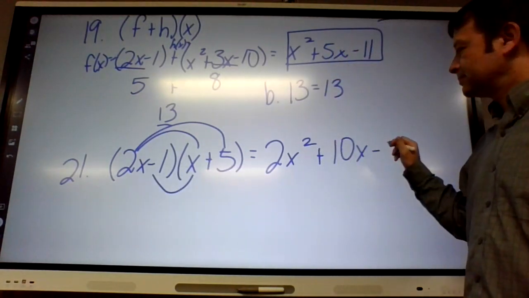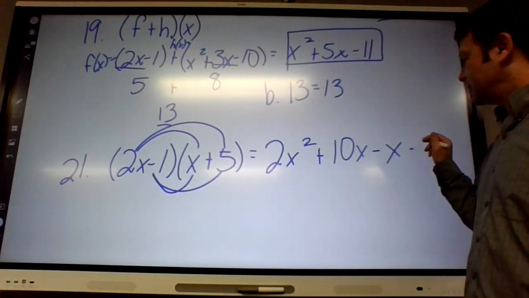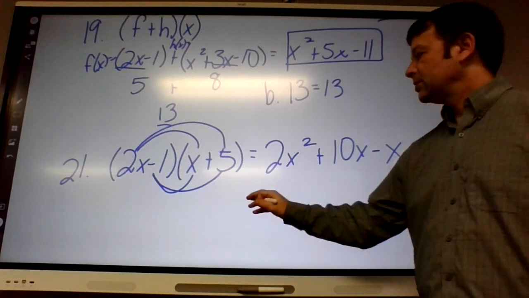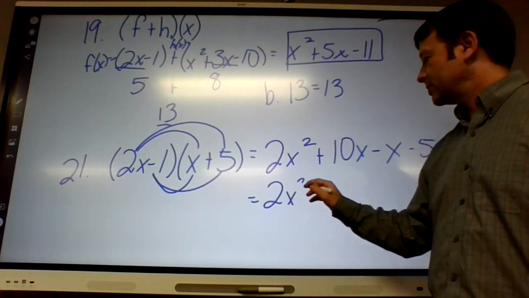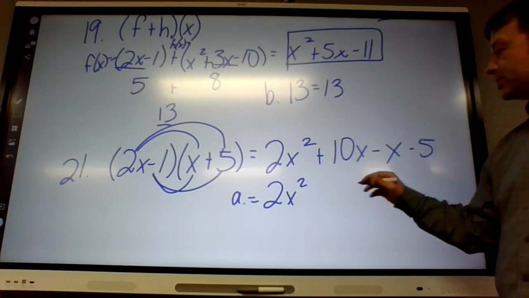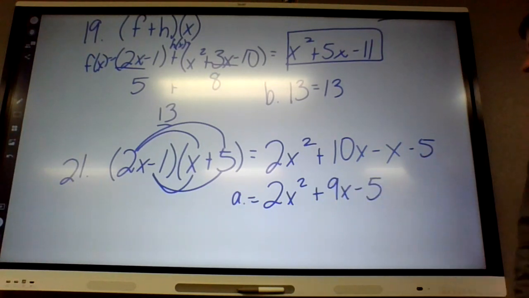Inside, and last, negative 1 times 5. Simplify a little bit more. This will be our A answer. 10x minus 1x is 9x.